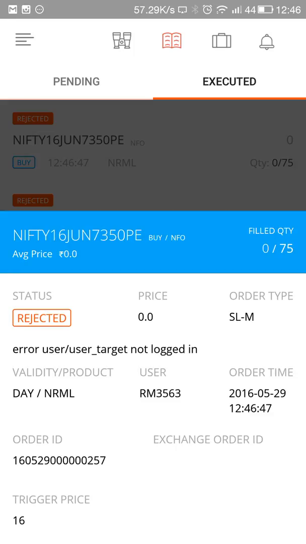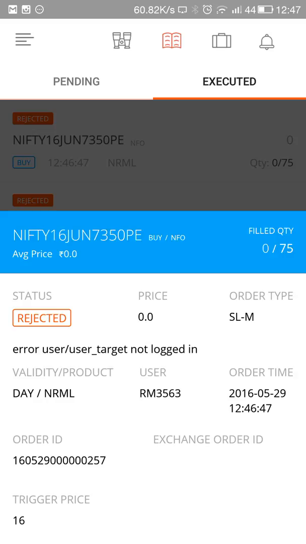What will happen by this? The script is moving around 15, and you expect that 15.5 is the ATP for that script. So when it breaks 15.5 and touches 16, that means it has some potential and it will go up.